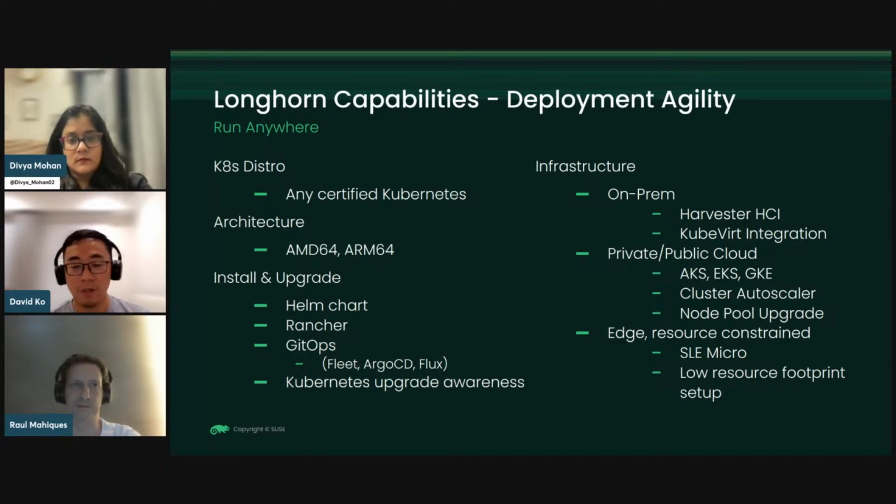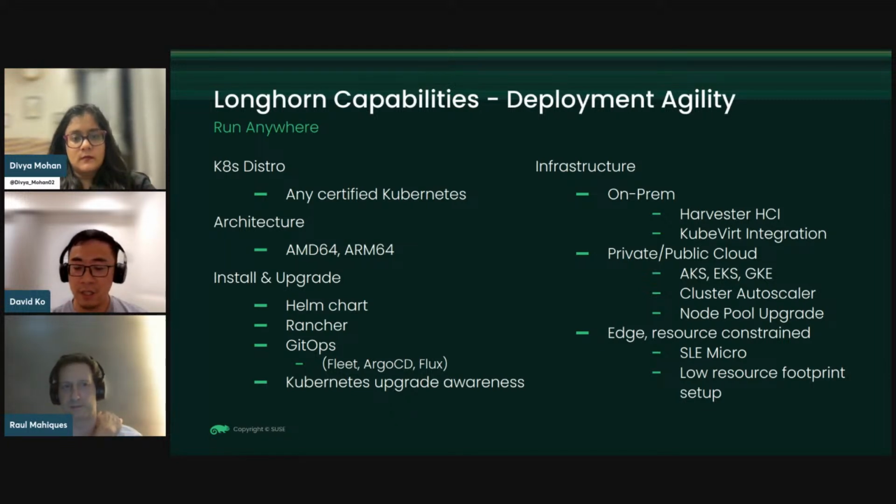For example, the famous public cloud distros, including AKS, EKS, and GKE, we want to make them work well with Longhorn. So from the QA perspective, we have a dedicated QA pipeline to test AKS, EKS, and GKE for each release, the same as the GitHub actions.